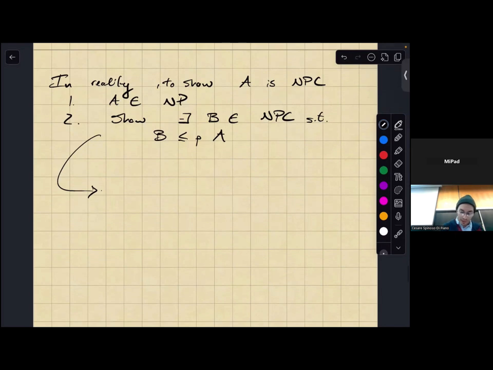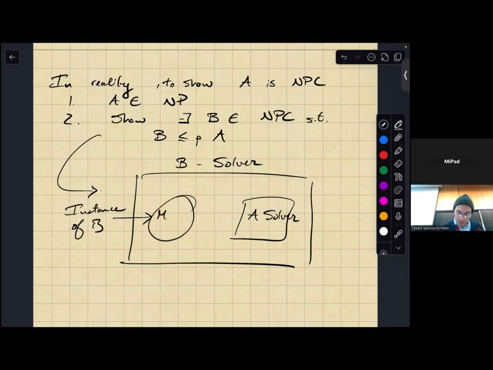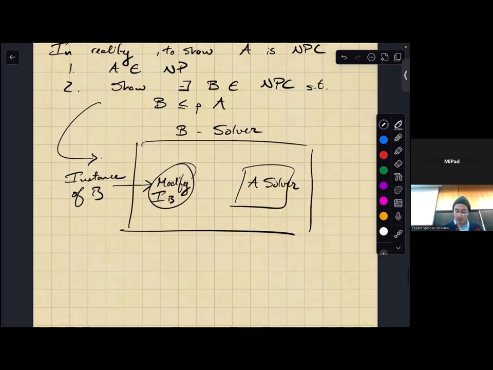It just means that I can create a solver for B by using a solver for A. So I have an instance of B, and I modify the instance of B. So I_B just means instance of B. The only restriction is that the modification has to be polynomial time.